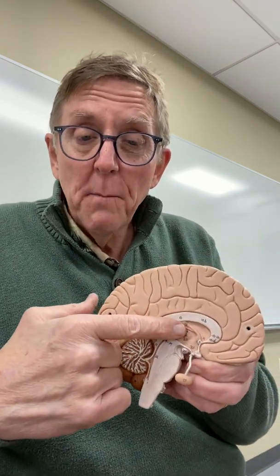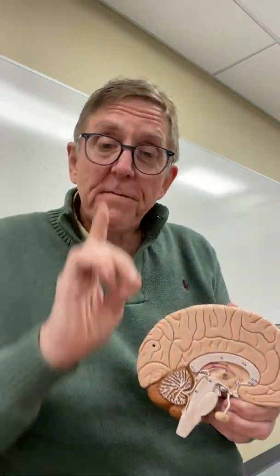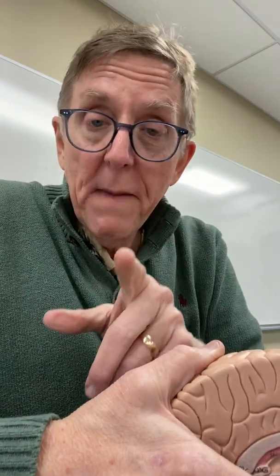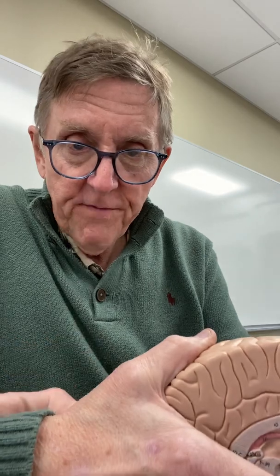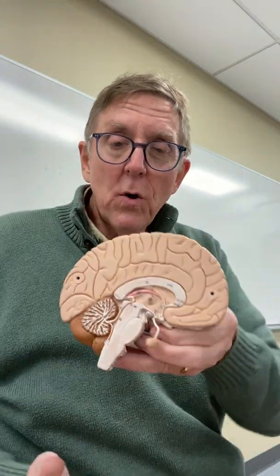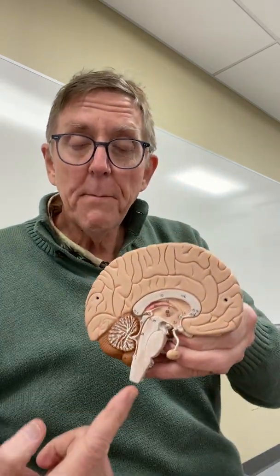So from the thalamus, you have fibers that project up to the cerebral cortex. So fibers, nerve pathways that extend in a superior to inferior or inferior to superior manner, up and down, so to speak, we're going to call these projection fibers.